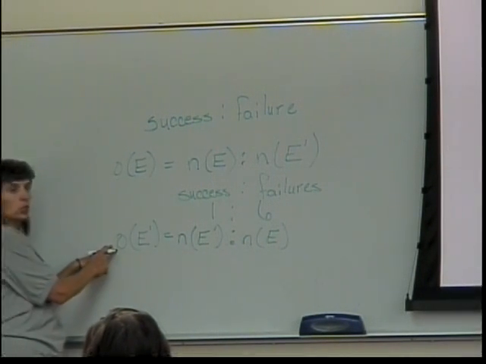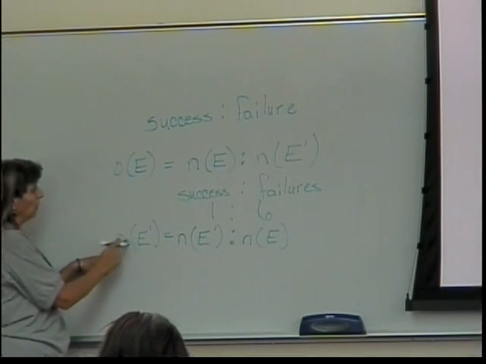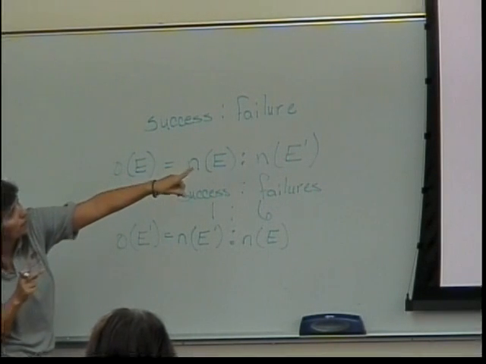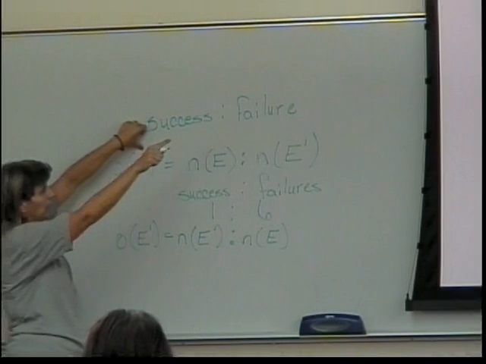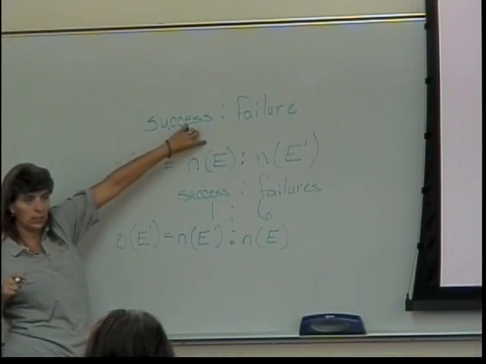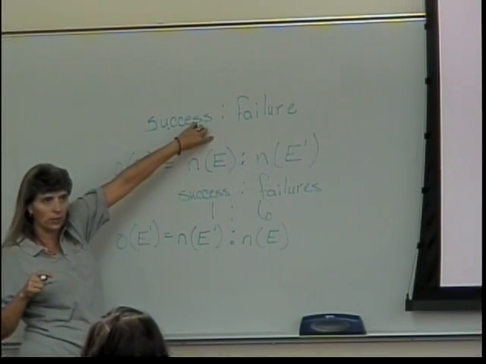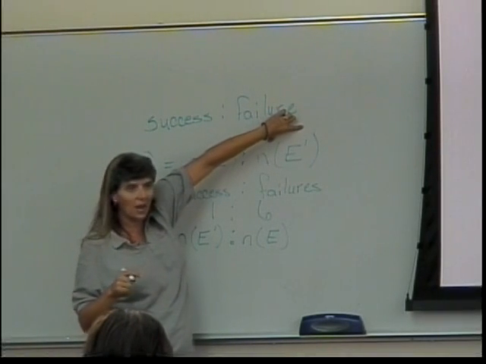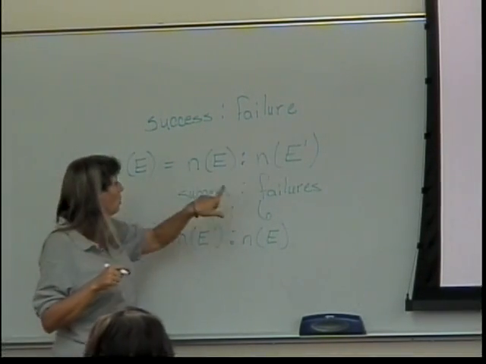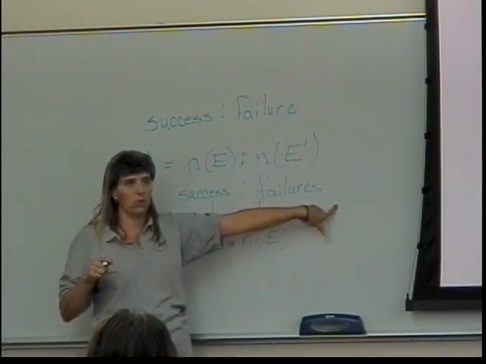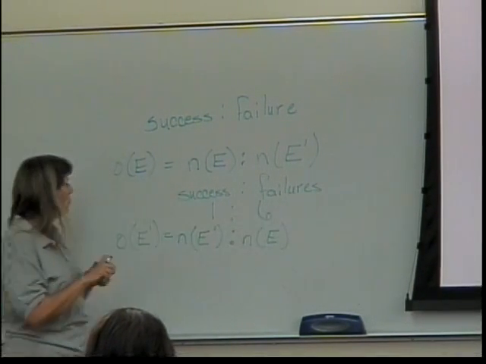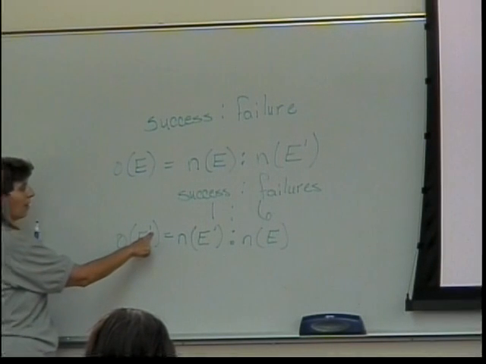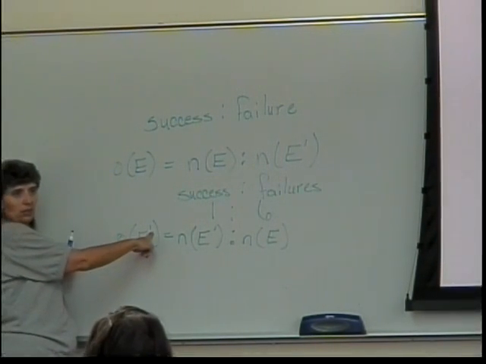This is a different question. So this is the original question that I have up there. We said the odds of an event were 1 to 6. And this is how you find odds. It's the number of things in your event to the number of things not in your event, also referred to as successes to failures. So there was 1 way to succeed and 6 ways to fail. So then this question adds the complement, the not in the event.